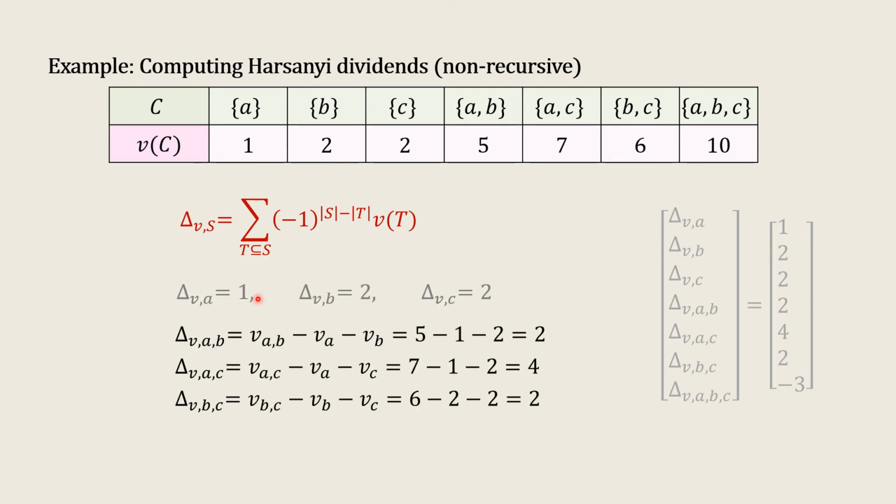Next, let's take up the case where S has a cardinality of 2. So here's S, and what are its subsets T? AB, A, and B. These are the different possible T's.